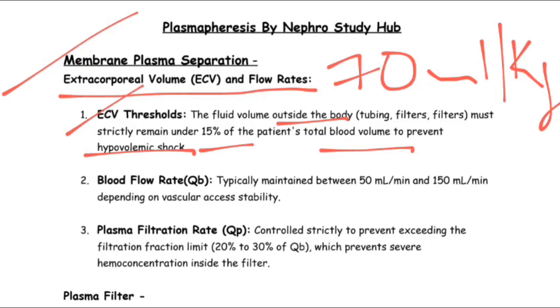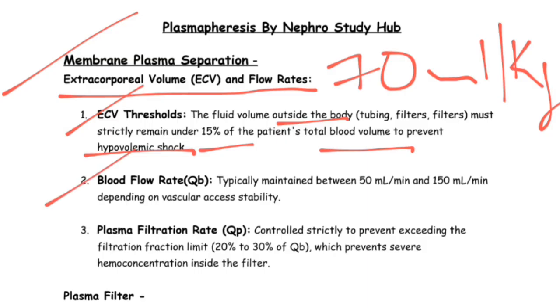In membrane separation, the blood volume in the extracorporeal circuit is much less than that. It is likely 150 to 120 ml in the blood tubing and 50 to 80 ml in the plasma filter. So the total is around 200 to 250 ml.